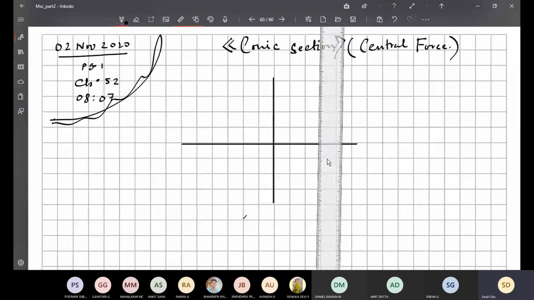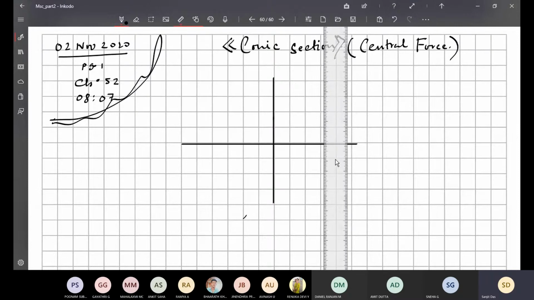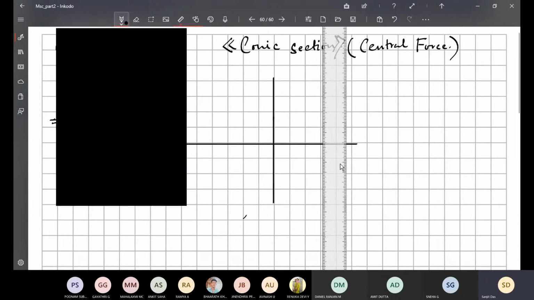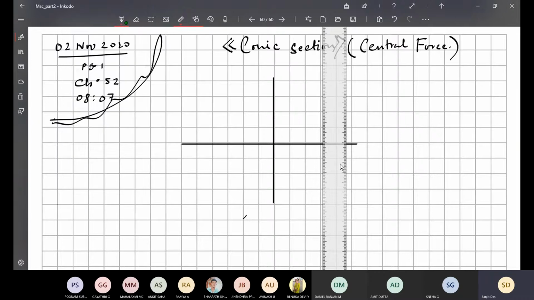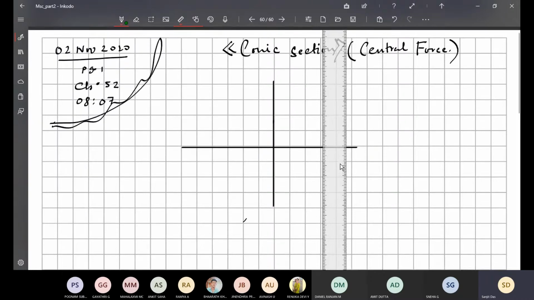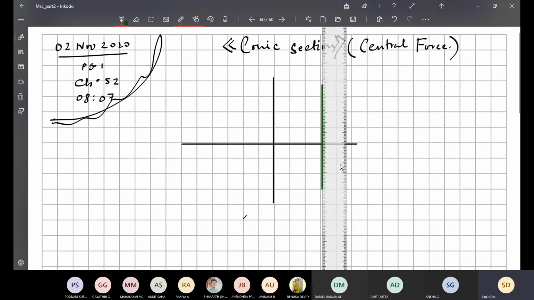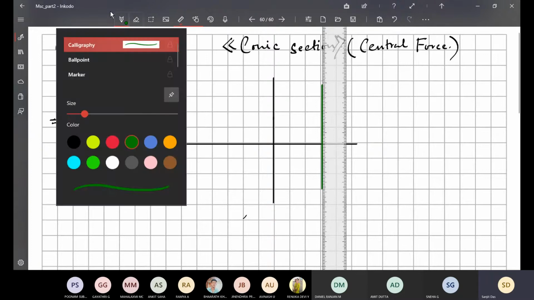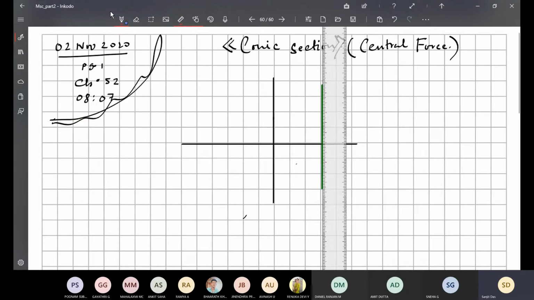Let's say I have one more line. Let me put it in another color. And the orbit of the particle, let's put it in this.